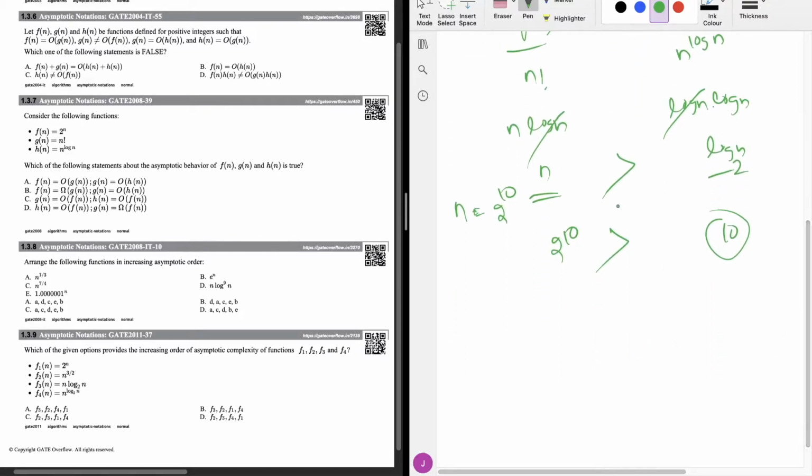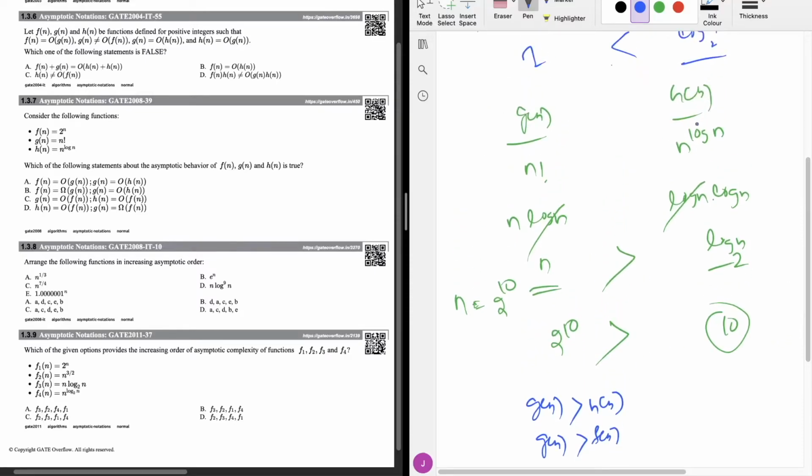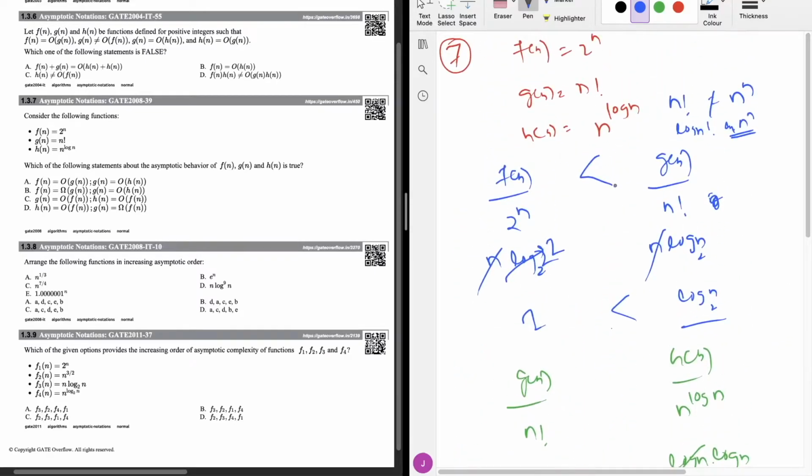So by seeing all these comparisons, we can simply conclude that g of n is greater than h of n, and g of n is also greater than f of n. This is what we have concluded. Here g of n is greater than h of n, and we found that f of n is smaller than g of n.